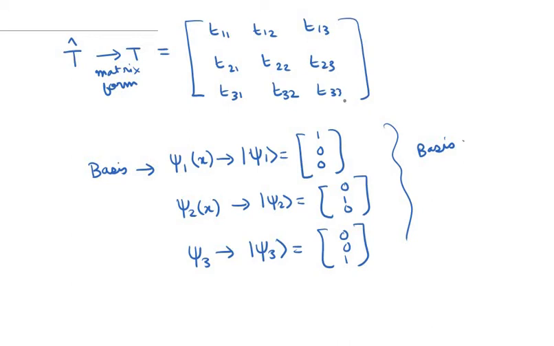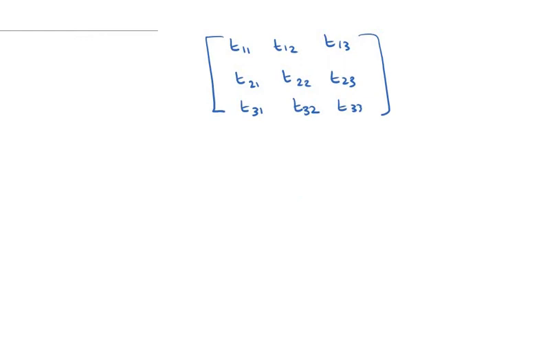Okay, now let us consider this matrix T. So this is our T matrix here. Now I multiply this on the left by the vectorial representation of psi1, so let us say 1 0 0, and I multiply to the right. So this is basically psi1.